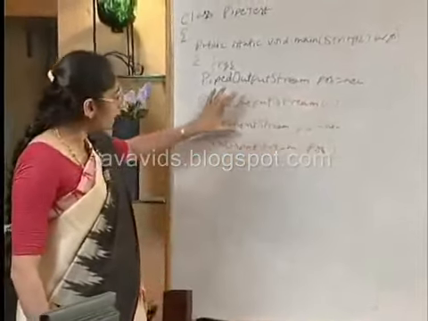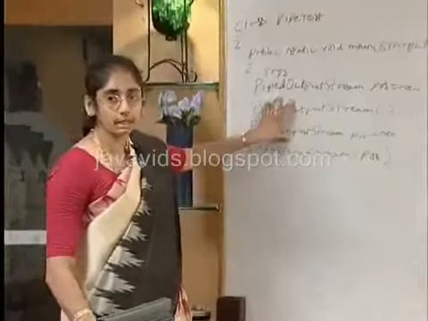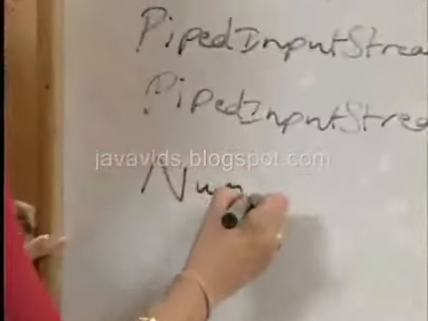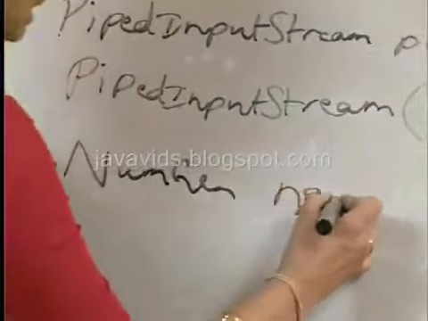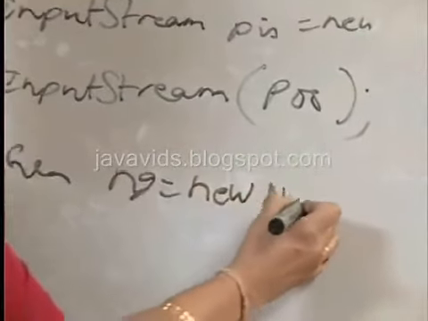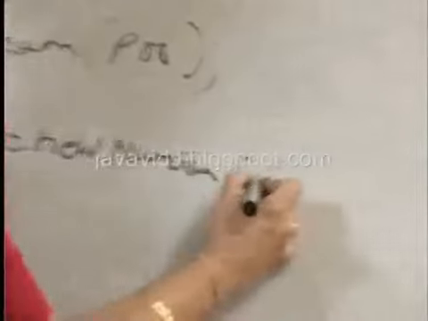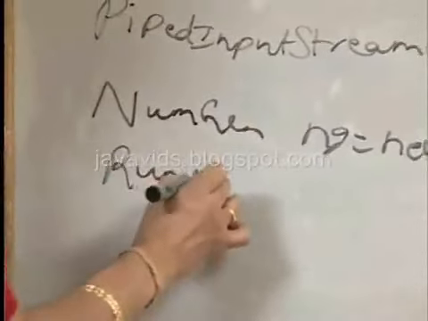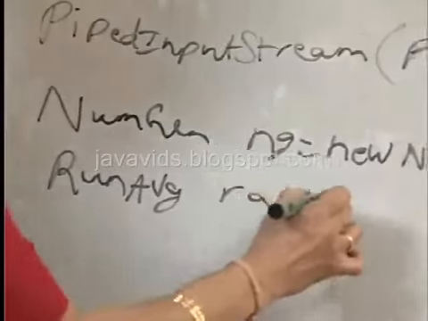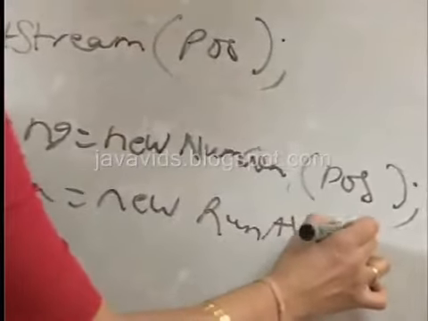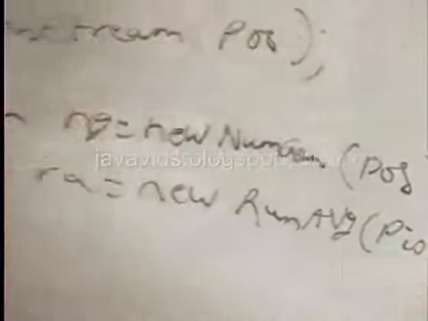Once we have mapped the output stream and the input stream together, now we can create an instance of those classes. NumberGen ng is equal to new NumberGen. Now the number generator class needs to make use of the pipe output stream so it can write into the pipe. So pass that as a parameter here. And running average needs the pipe input stream.